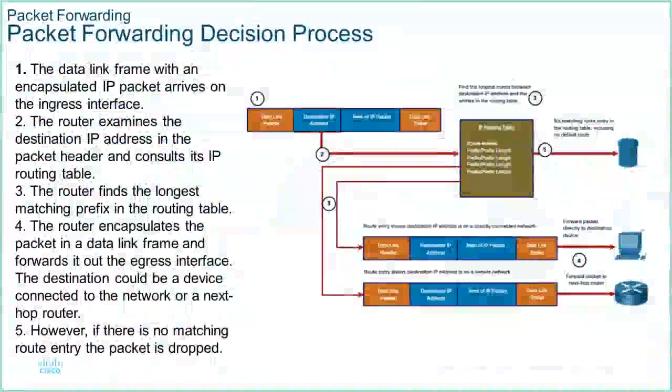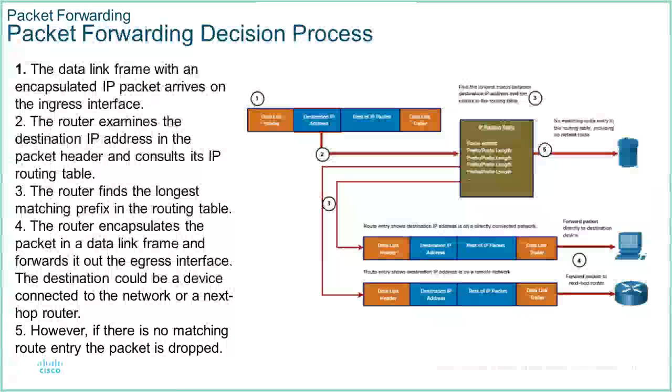So here's a nice little table that looks at how to pull it all apart. So the packet arrives, we get rid of the frame, pass it up into the routing function, and look at the IP header to look at the destination IP address.